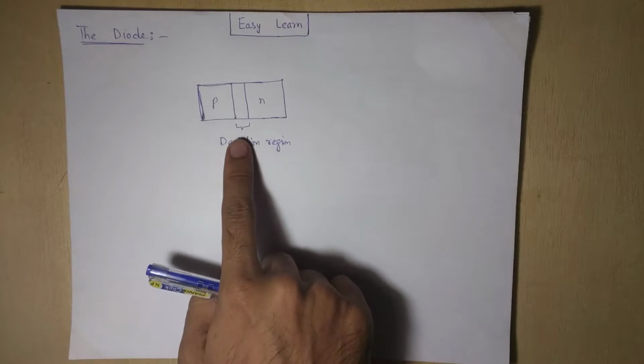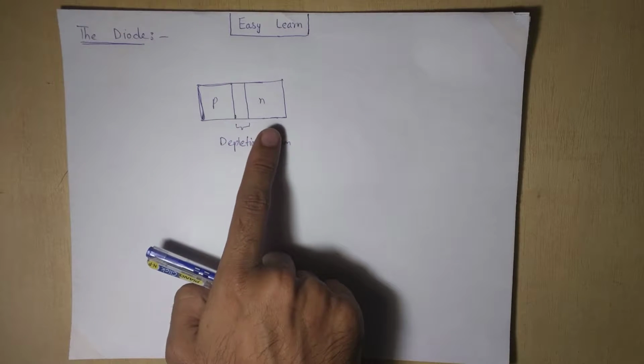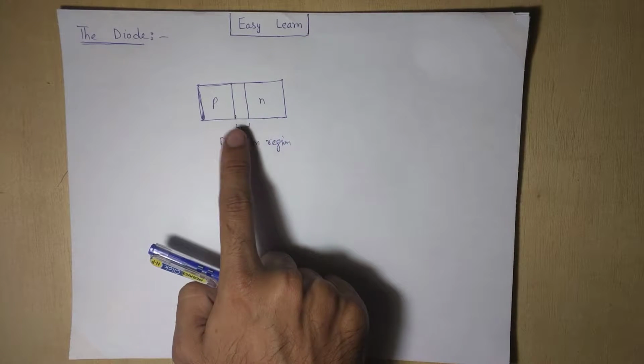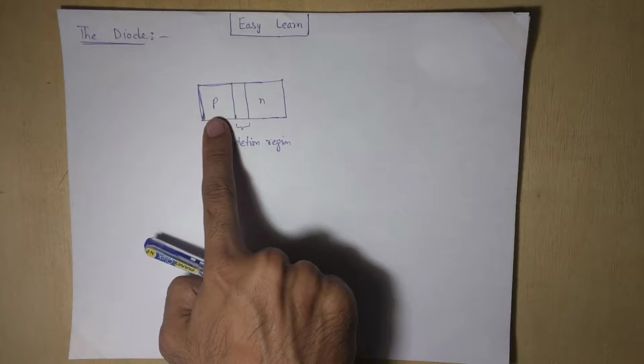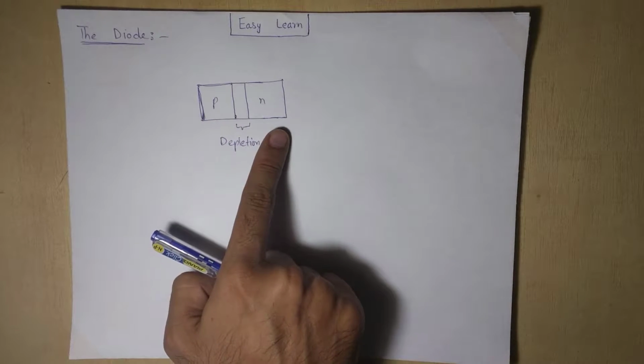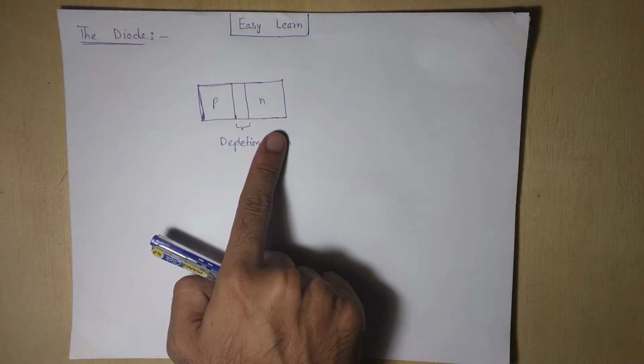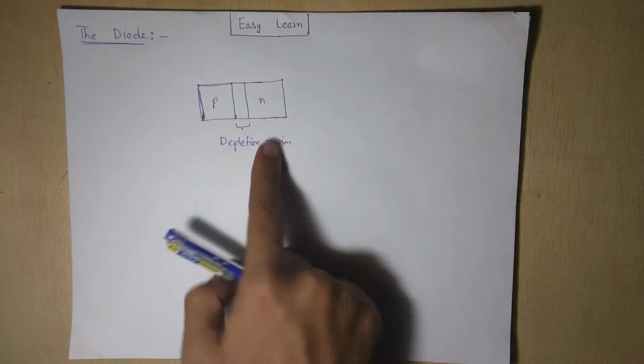This is the depletion region in this P and N type. Between the P and N type there is a depletion region. One half is doped here, P type material, and the other is the N region, and the P region is called the anode.